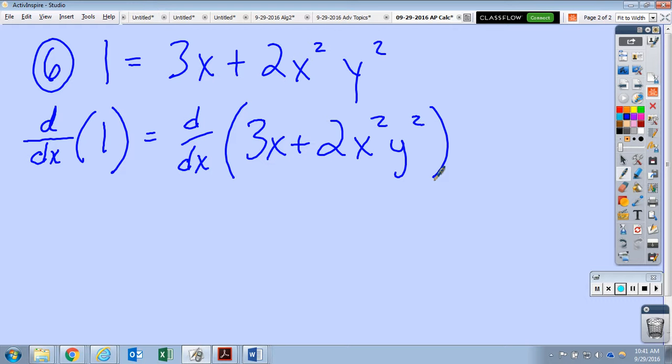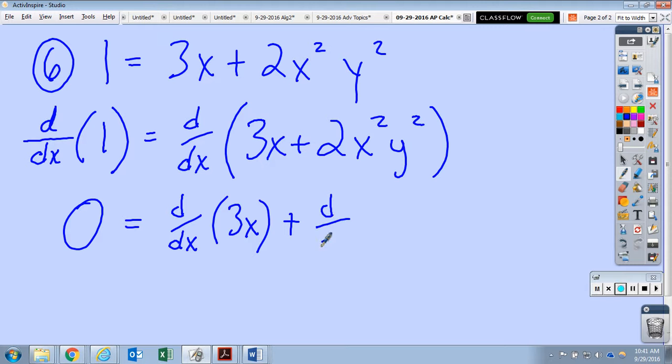So the derivative of any constant with respect to any variable is just going to be 0. Now over here, I'm going to go ahead and just break it up. So we have d/dx of 3x plus d/dx of 2x squared y squared.